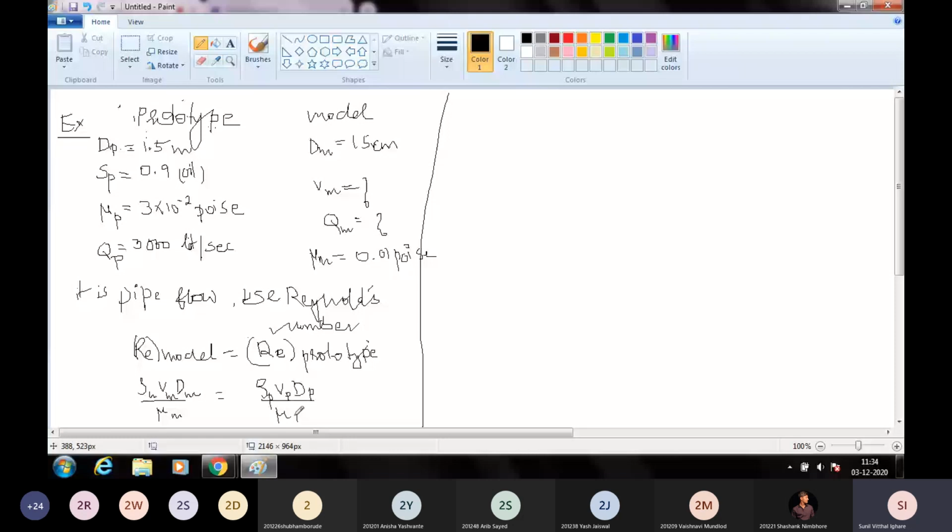So again, we are just rearranging the terms, and we want in terms of velocity because we want to calculate velocity.